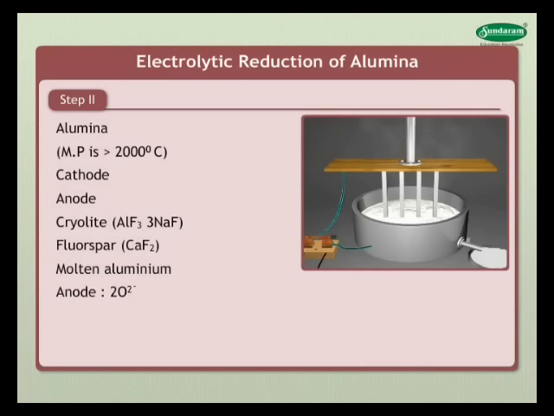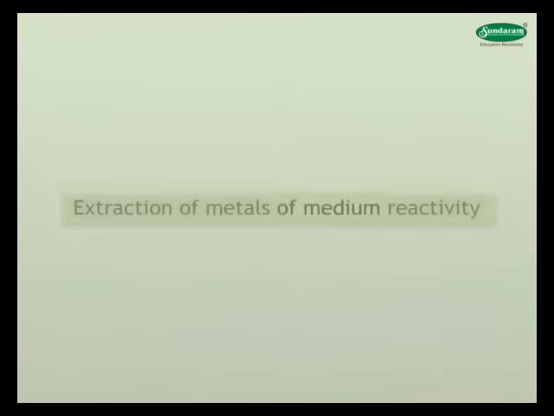At anode, 2O2- gives O2 + 4e-. At cathode, Al3+ + 3e- gives Al. The oxygen gas liberated reacts with carbon anode and forms carbon dioxide. As the anode gets oxidized during the electrolysis of alumina, it has to be replaced from time to time.